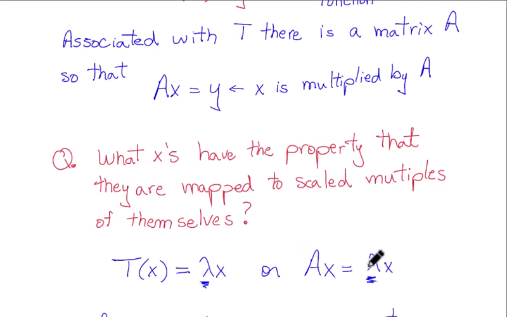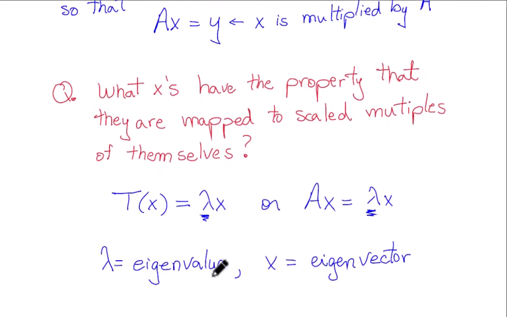Or if I do it with the matrix, A times x, that output is just a scaled multiple of itself. This constant that's multiplied, we call the eigenvalue. And the x that has this property, that it gets mapped under the transformation into a scalar multiple of itself, is called the eigenvector.